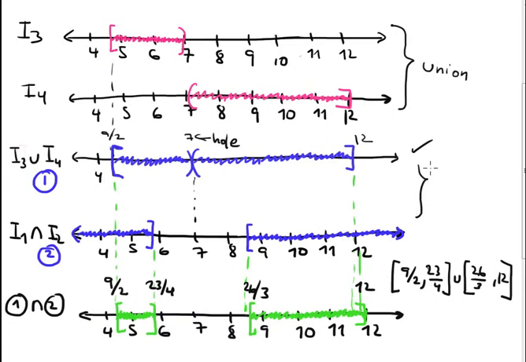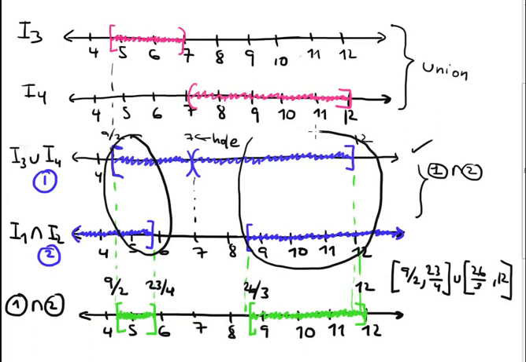This is the intersection between interval 1 and interval 2, the common part. So the common part is this part, and also this part. I represent it in green. This is the interval from 9 over 2, including 9 over 2, comma, 23 over 4, and union all the interval between 26 over 3 and 12. And this is the final answer.